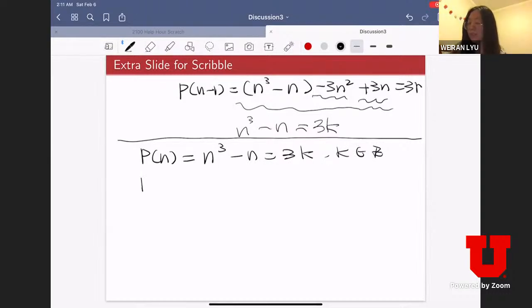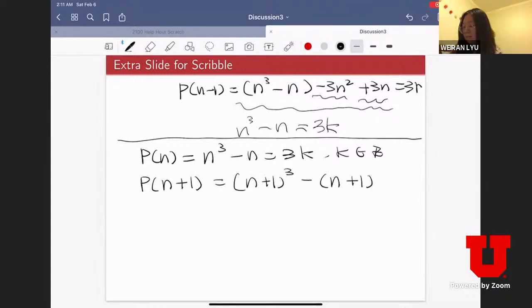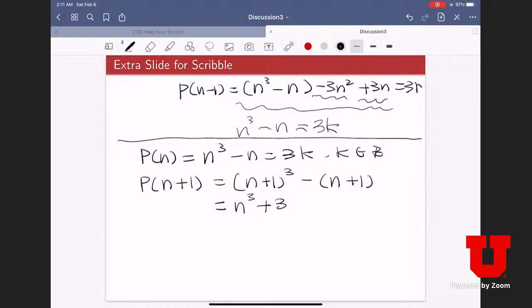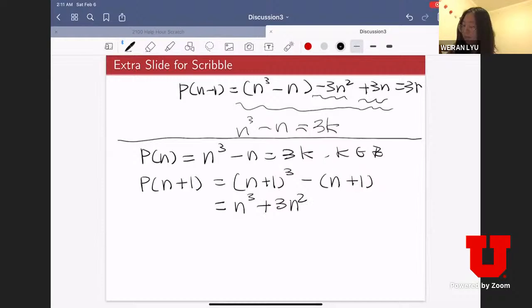And then you just start with the regular procedure. Start with P(n plus 1). You just substitute n plus 1 into it. And then like always, you just try to expand this first. This should give you n cubed plus 3n squared plus 3n plus 1 minus n minus 1.